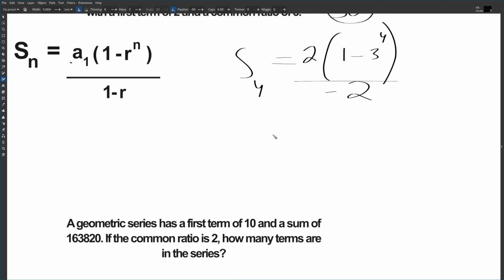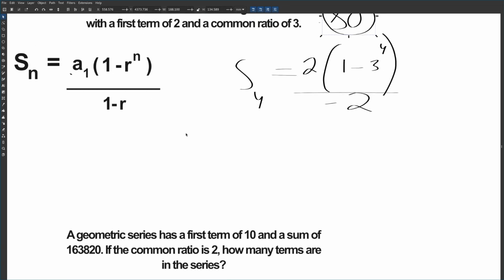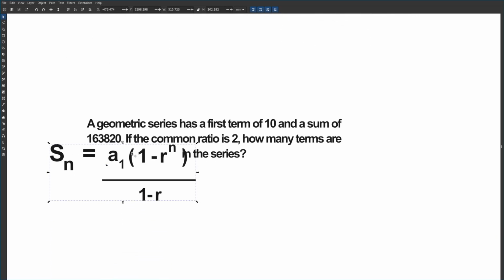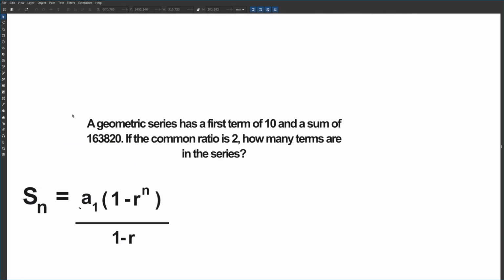Now to this one. Since this one's hard to remember, I'll keep dragging it along for reference. A geometric series has a first term of 10 and a sum of 163,820. If the common ratio is 2, how many terms are in the series?